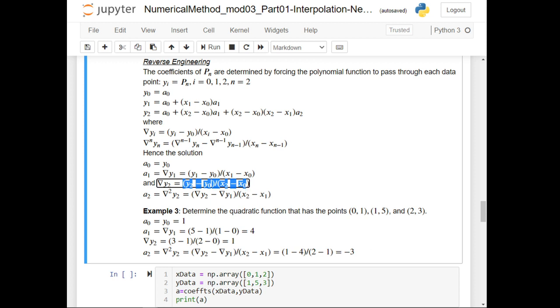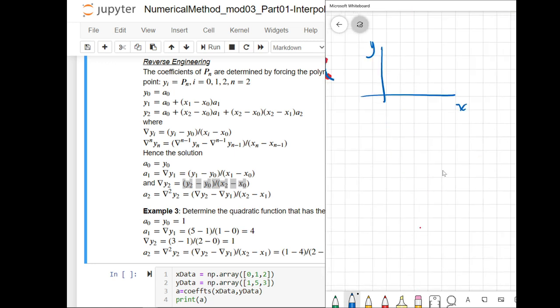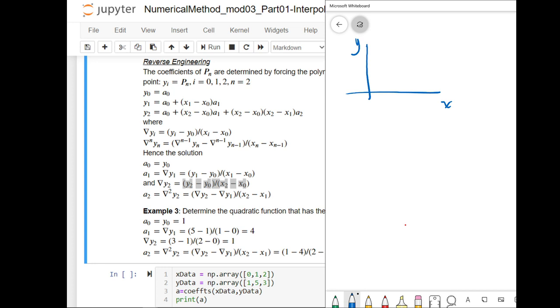If we try to understand this graphically, we have this xy plane. It's quite clear here, and we have points. For the first point, we assign y0 for a0.